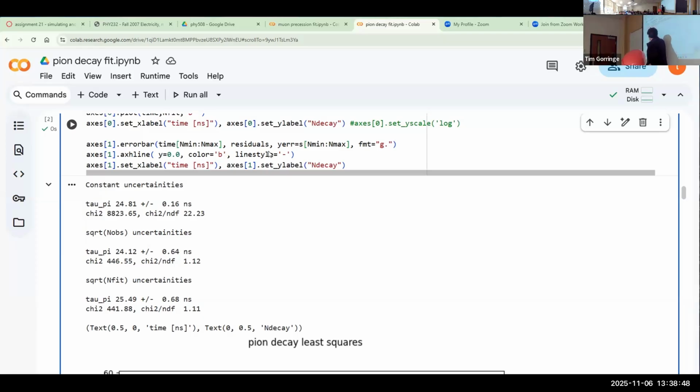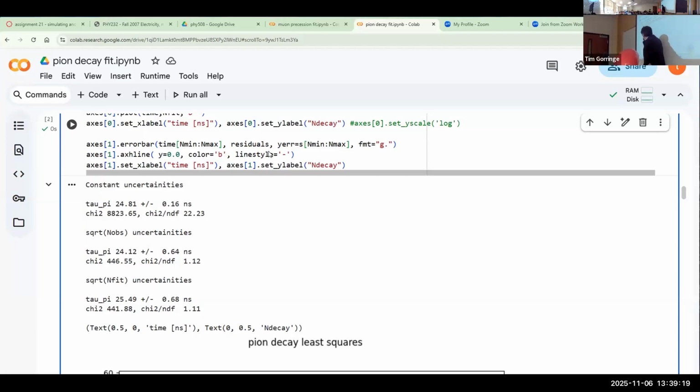That fit gave 24.8 nanoseconds. The quoted error bar here is 0.16 nanoseconds, so this is many standard deviations from the true value. Something went wrong here. What went wrong is the bias that came from the unweighted uncertainties and the wrong choice for the uncertainties, which made this chi-square per degree of freedom bad, when it should be around 1.